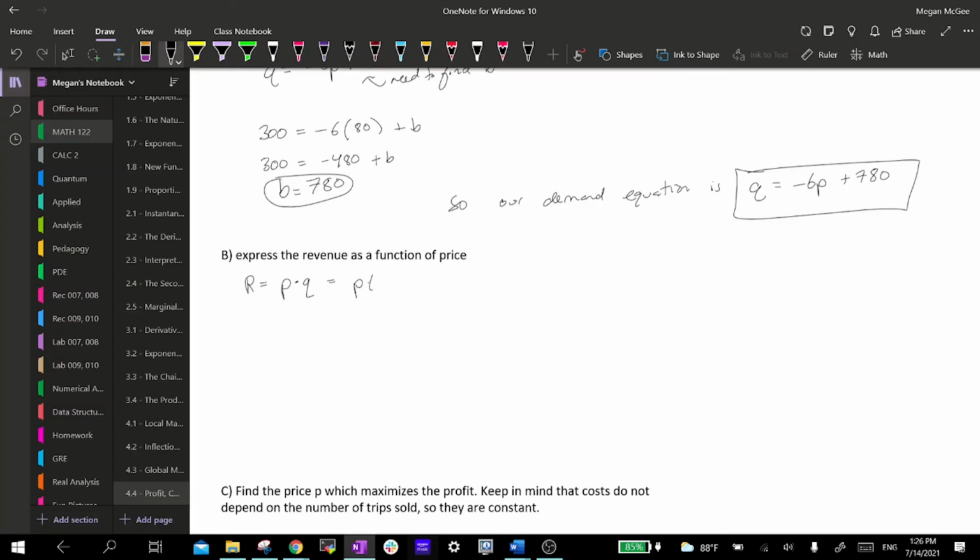We found the equation for the demand, so we have P times (-6P plus 780). If we multiply this out, we get -6P squared plus 780P, where P is the price. So here we have revenue as a function of price.